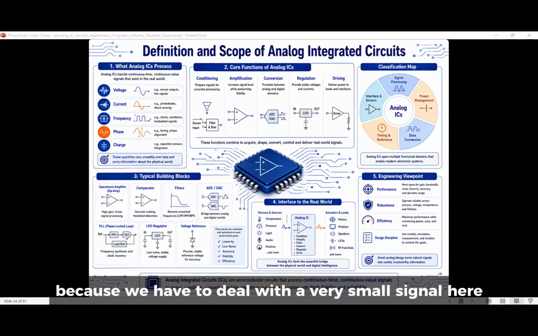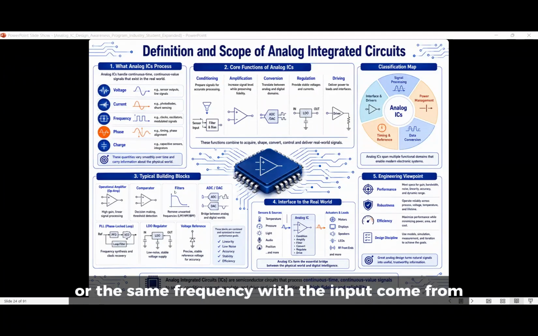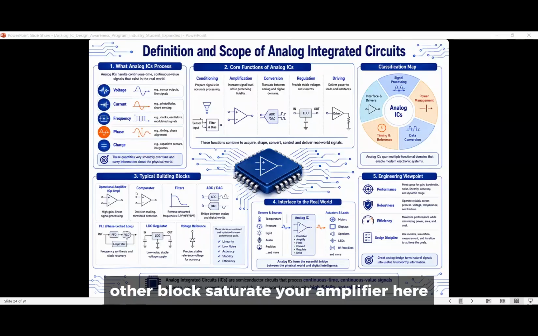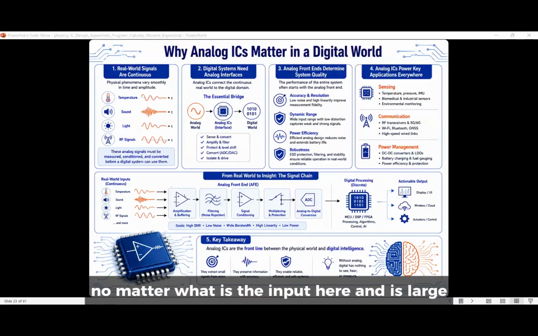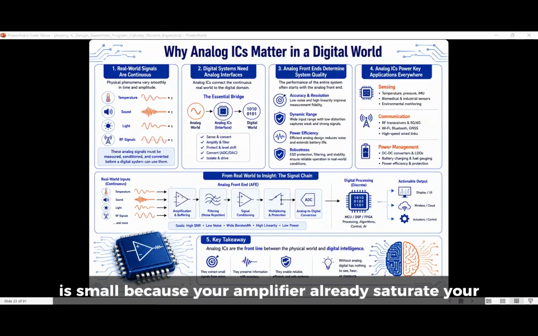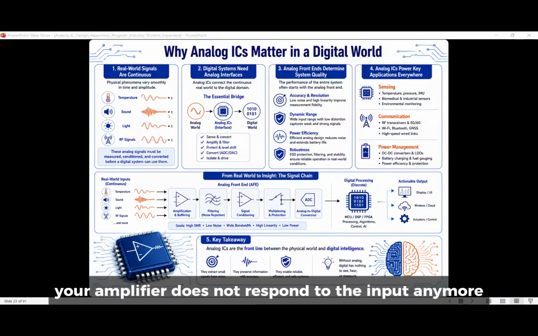Because we have to deal with a very small signal here, if a signal with another frequency, or the same frequency as the input, comes from other blocks and saturates your amplifier, then no matter whether the input is large or small, because your amplifier is already saturated, it does not respond to the input anymore.